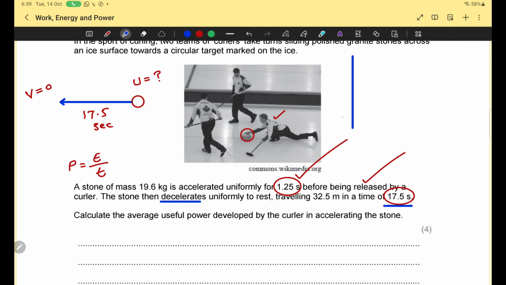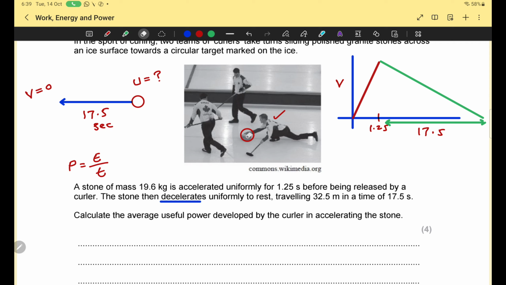And I think if I draw a graph, then I can explain it better. This is the time in which velocity is increased. This time is 1.25 seconds in which velocity is increased by the curler, and then he released the stone. Then you can see its velocity is decreased, and the deceleration time is 17.5 seconds. So first I think I have cleared the difference between the two times.